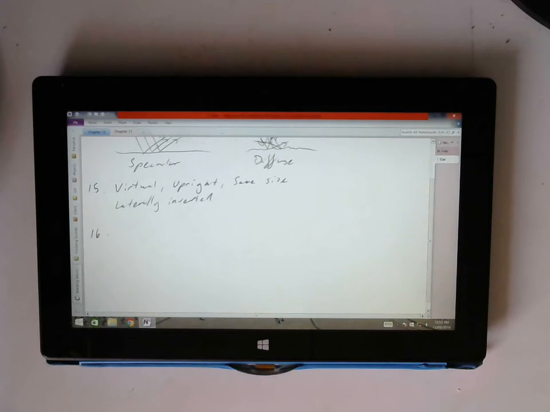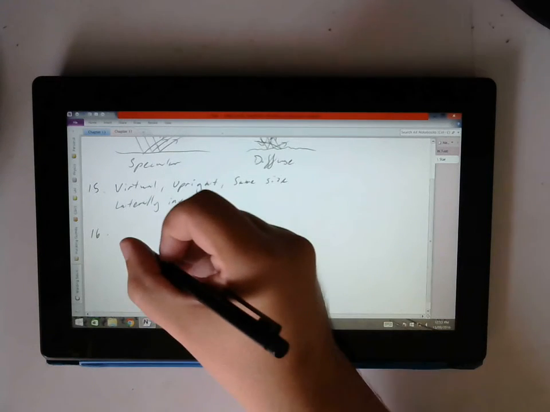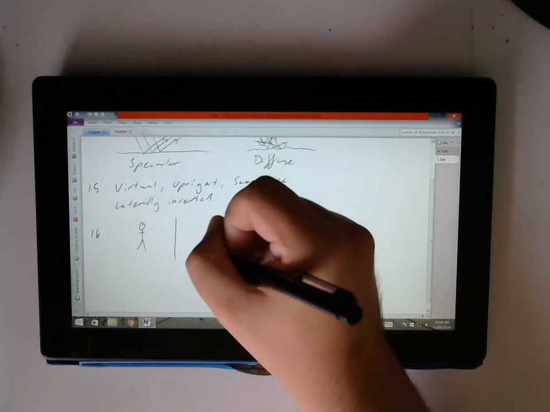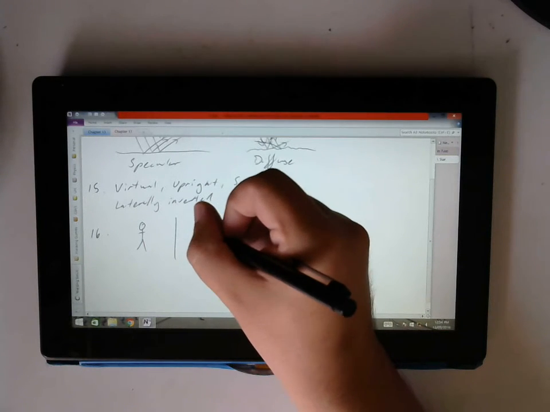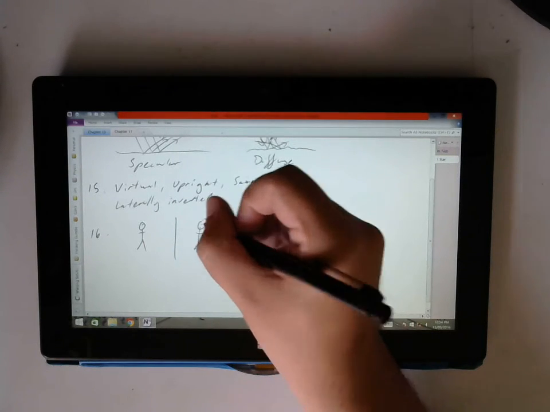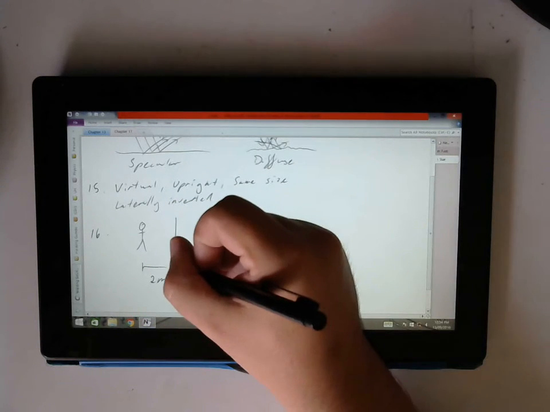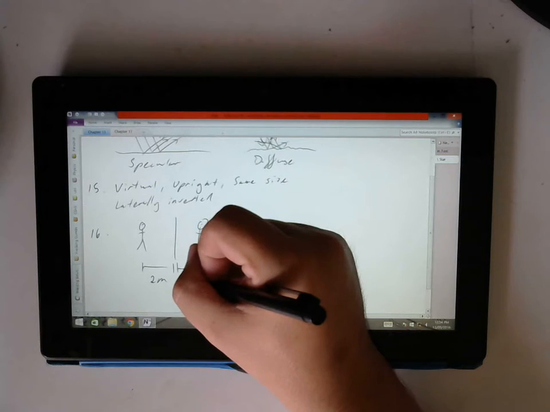Okay, so when we're taking a photo there, what we're trying to do is to take a picture of an image that is being created some distance behind the mirror. So let's draw it off there. We've got our person, we've got our mirror, we've got our image. Now, we're told that you are 2 meters from the mirror, which means that our image is also 2 meters behind.